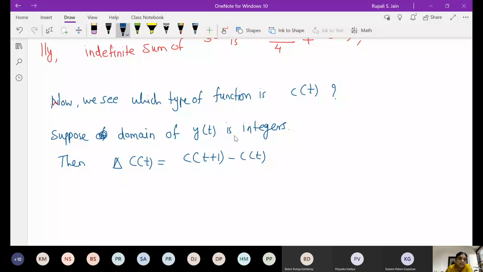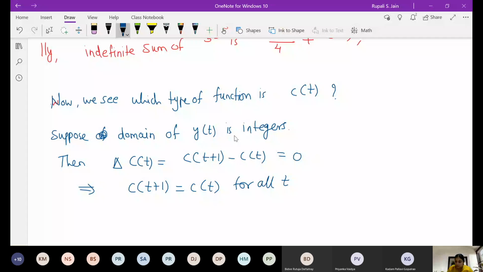So suppose my domain of y(t) is integers. Then the function c of t such that delta c of t is 0 implies c of t plus 1 is equal to c of t for all t.